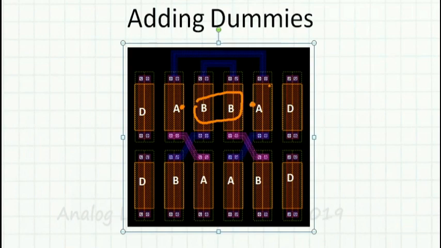So the etching on this side and this side of these two resistors is the same, whereas if I don't put a dummy, there would be a different etching pattern at the end which will affect these two resistors. That's why we add something known as dummies, and these dummies can be left open or can be connected to some potential. So dummies are useful in order to reduce the variations in the boundary resistors.